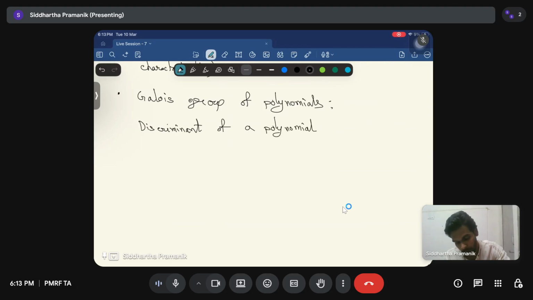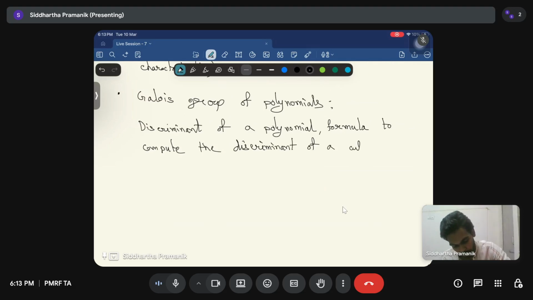And we have also written down the formula to compute the discriminant of a cubic polynomial.